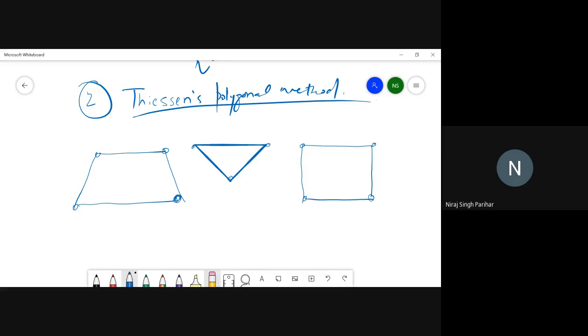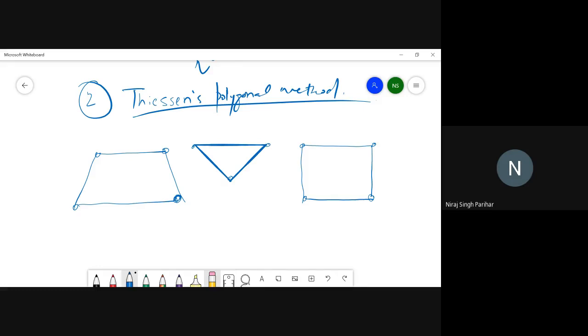So then what the method suggests, see, there is no hard and fast rule for how you assign an area to all the individual stations, right? What we are doing here is assigning a certain area to each station.